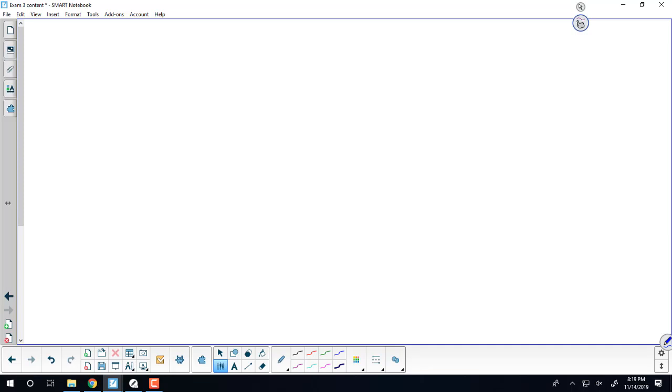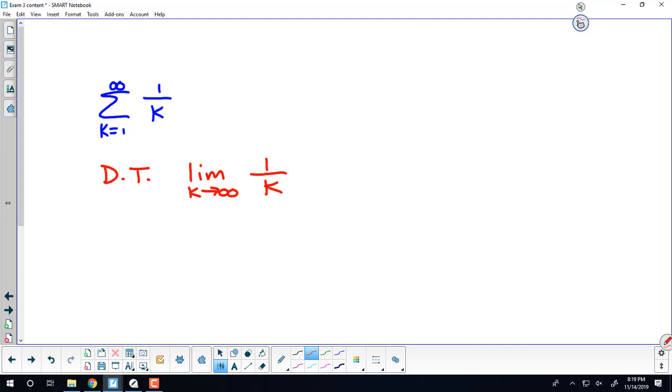I was just using that because a lot of times, even on the exam, when you're given a series and it says determine whether the given series converges or diverges, a lot of people will just apply the divergence test and make the wrong conclusion. They'll say, since the limit is equal to 0, that means it has to converge, and that's absolutely not true.